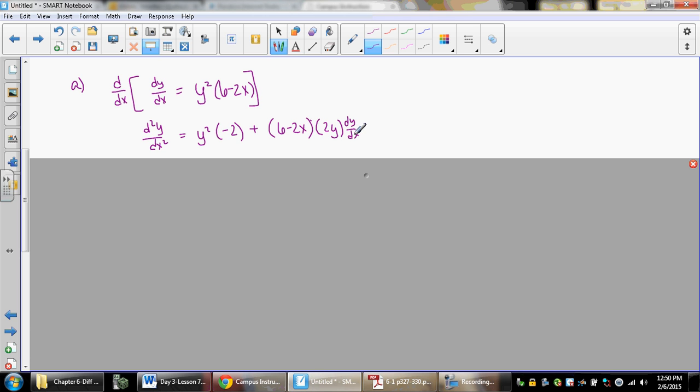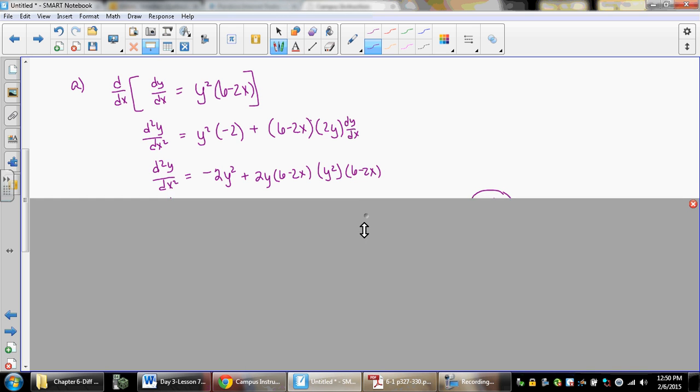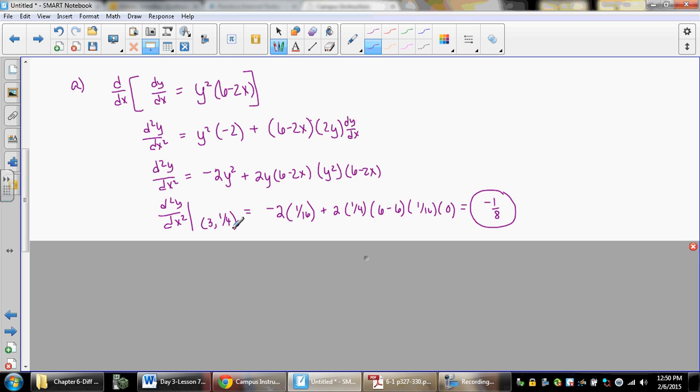Well, it has a dy dx in it, so I just substituted the dy dx in and wrote it like that. Then they told us to evaluate that at 3, 1/4, so I plugged 3's in for all the x's and 1/4 in for all the y's, and got -1/8.